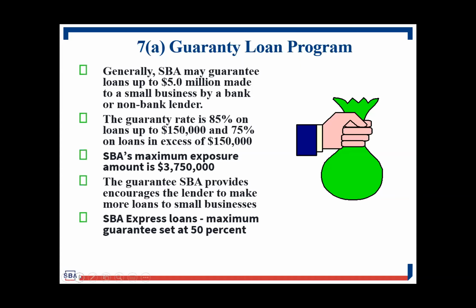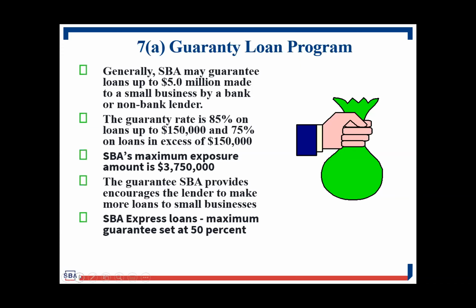Our guarantee encourages the lenders to make more loans to small businesses and also to make those smaller loans. What we hear from lenders is that it costs them just as much to make a $25,000 loan as it does to make a $200,000 loan. So our guarantee is there to encourage the lender.